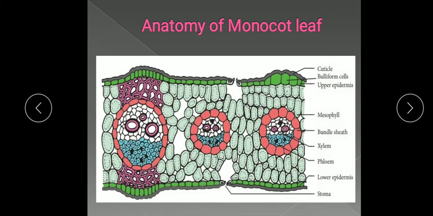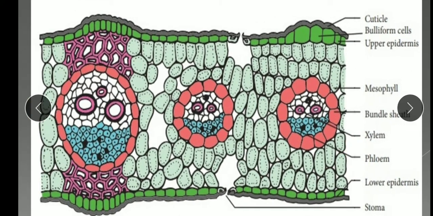Now here we will see the xylem vessels. There are many xylem vessels. Where is the xylem? These are the xylem vessels, and these are the bundle sheath cells. In monocot leaf, the bundle sheath is made up of parenchyma cells. You can see the cells surrounding it. They are the bundle sheath cells, made up of parenchyma cells.